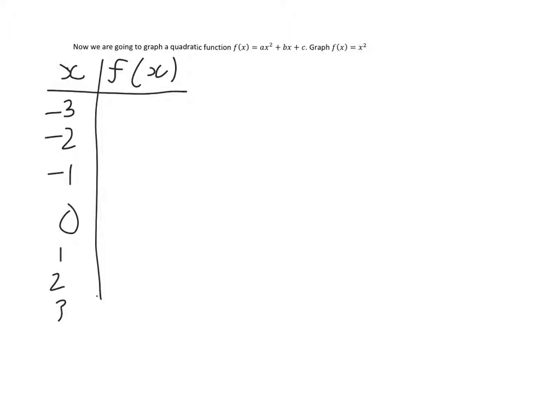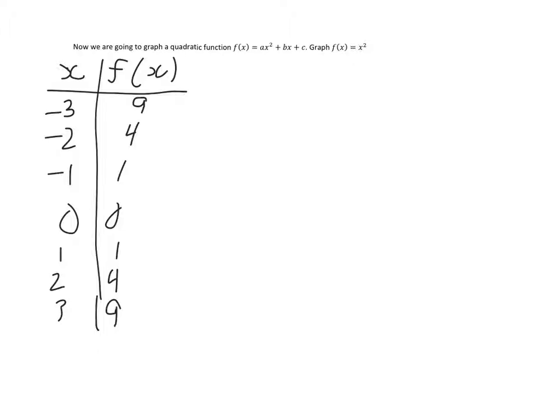And we're going to be just squaring all of our inputs, because that's what f of x equals x squared does. It takes our input and it squares it. So first of all, everything's going to be positive, because no matter what the number is, when we square it, it'll be positive. All right, so we're squaring all our x values.